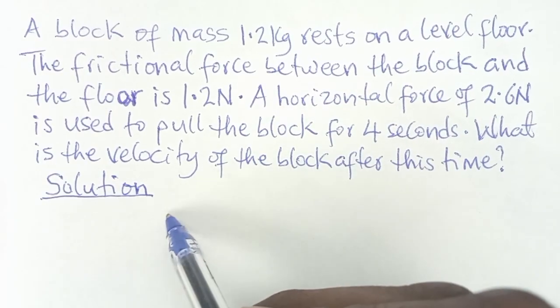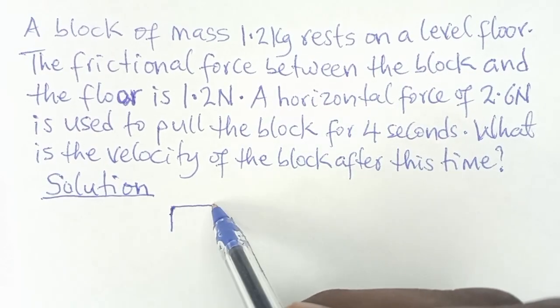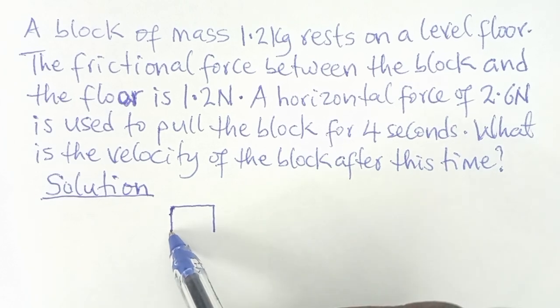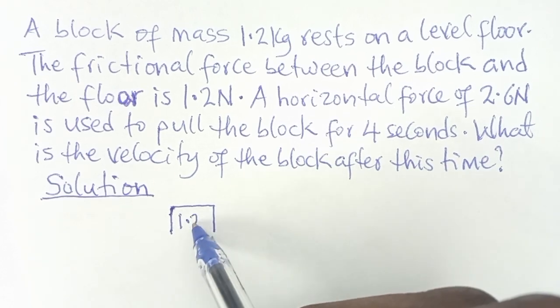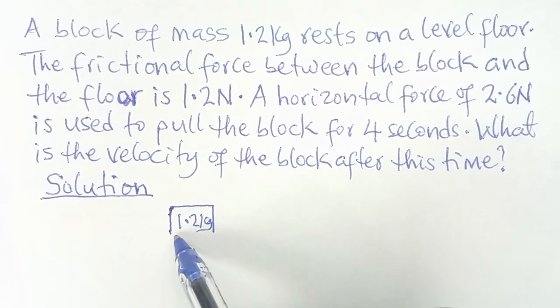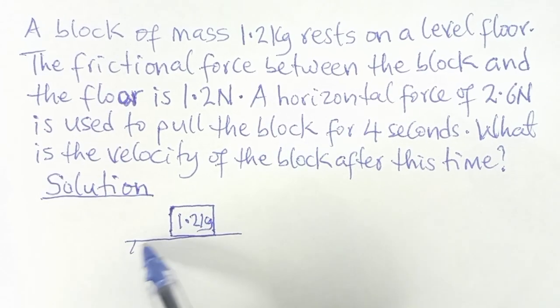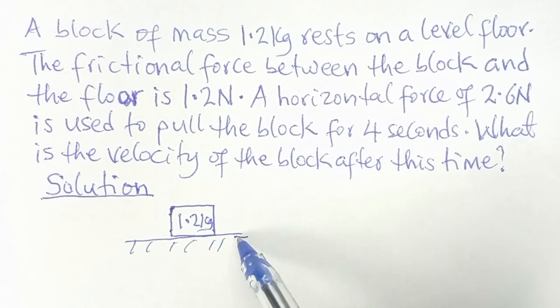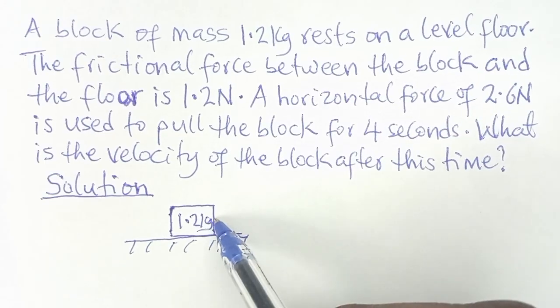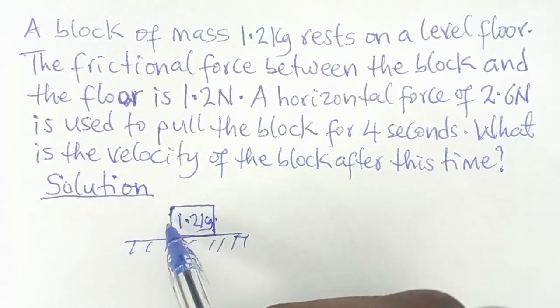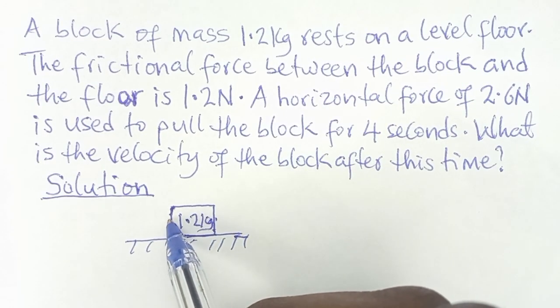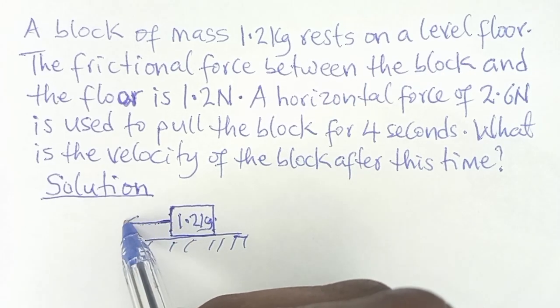Now, we have something like this. A small block, we say 1.2 kg, is resting on a floor. And then we are told that there's a frictional force that is acting on it.